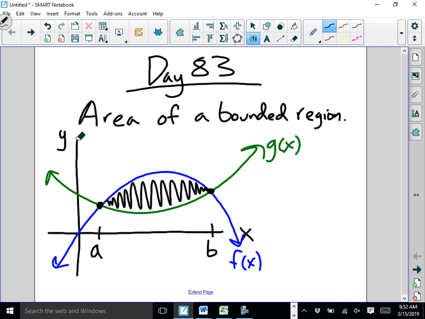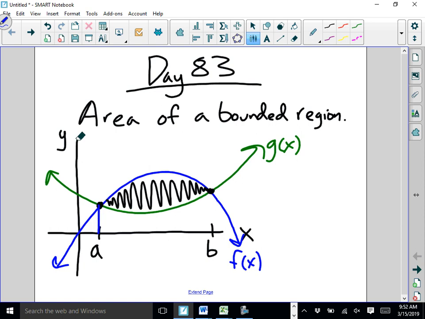So let's think about the blue function here, f of x. If I did the definite integral from a to b of f of x, what would that give me? Well, what it would give me is the area between f of x and the x-axis, the area under the curve. It would give me from here to here.